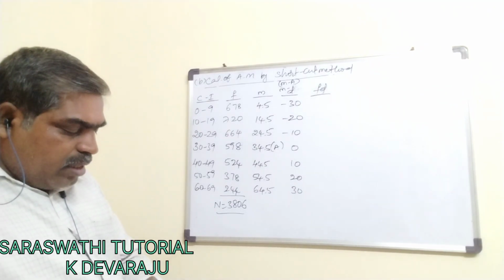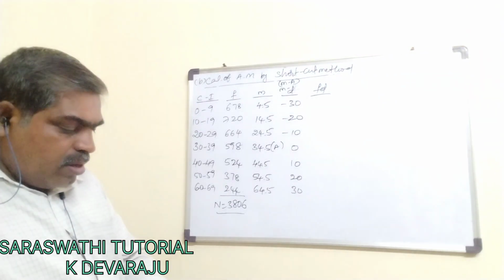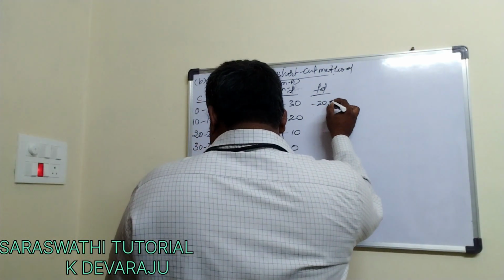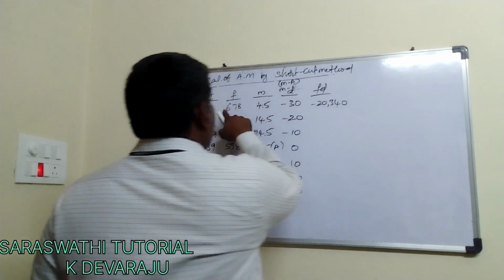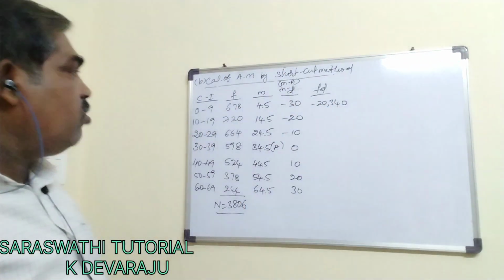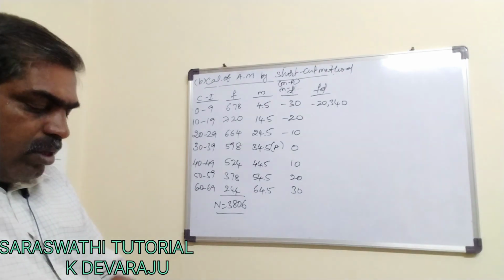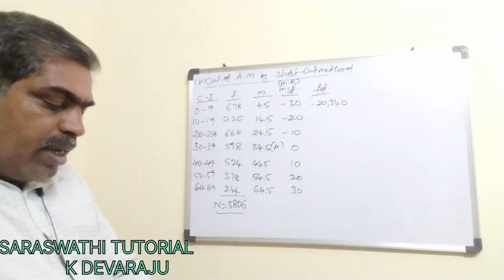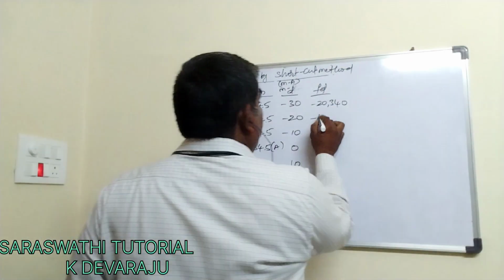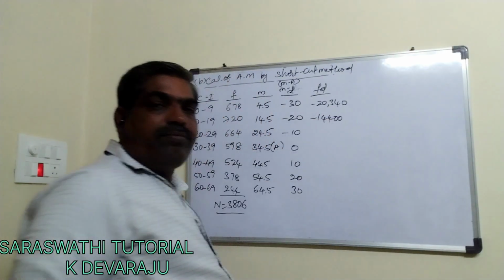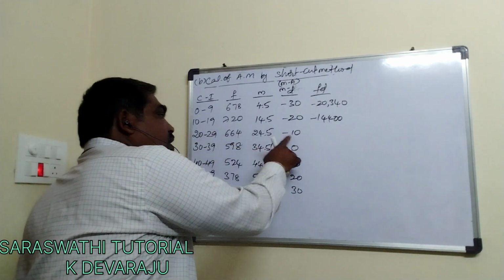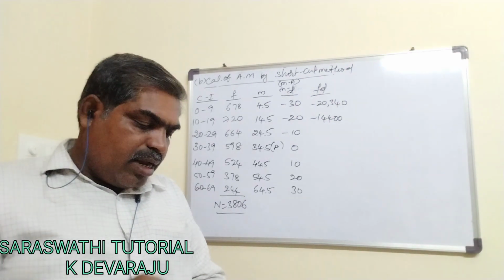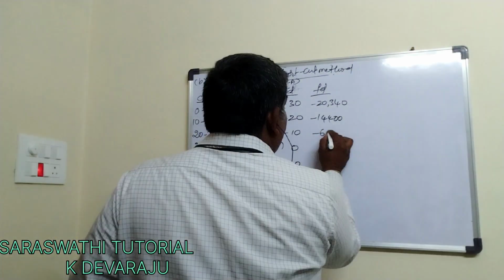When we are getting the negative, we take the negative sign. Plus into minus is minus: 678 into 30 is minus 20,340. Next, 720 into minus 20 is minus 14,400. 664 into minus 10 is minus 6,640.